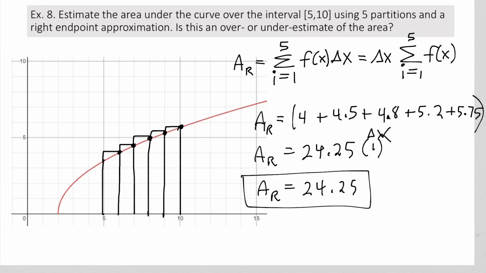Now, as far as whether that's an overestimate or an underestimate, you can see that the rectangles are sticking up above the curve when I use the right endpoint approximation. So that means that I have an overestimate of the actual area.